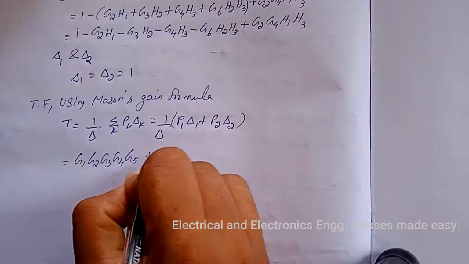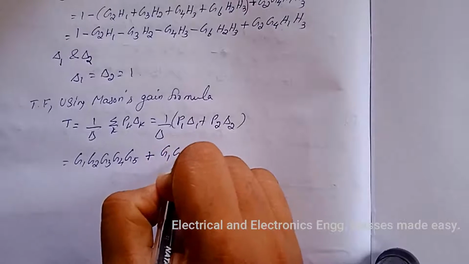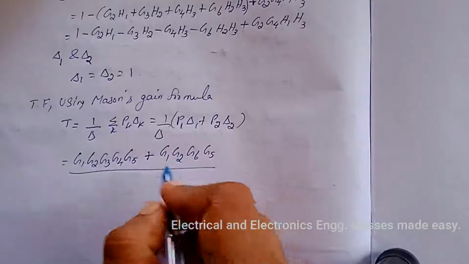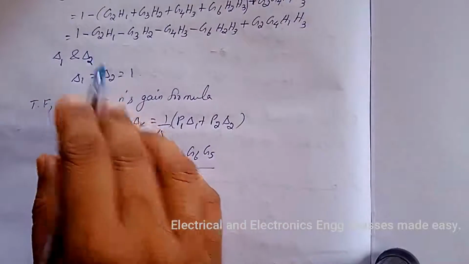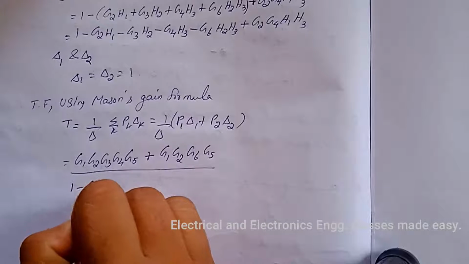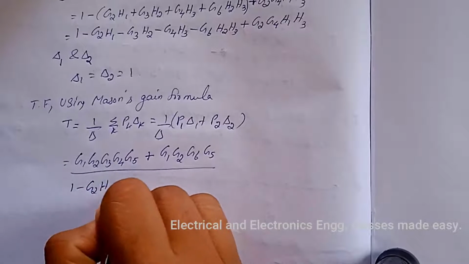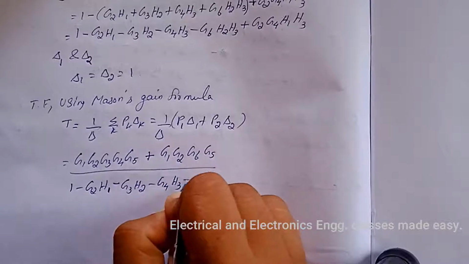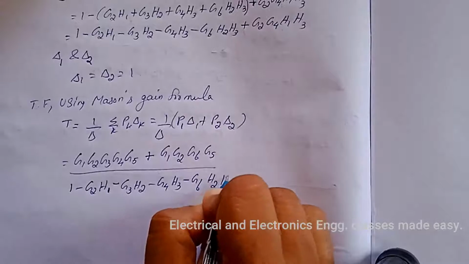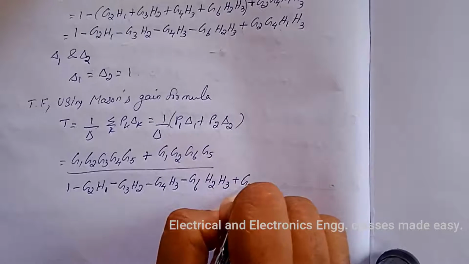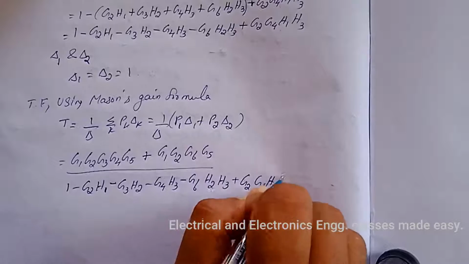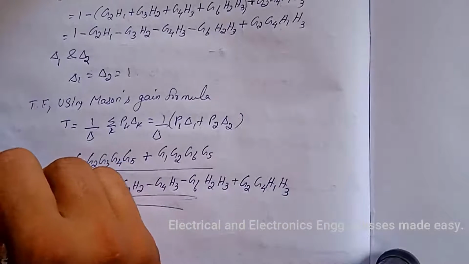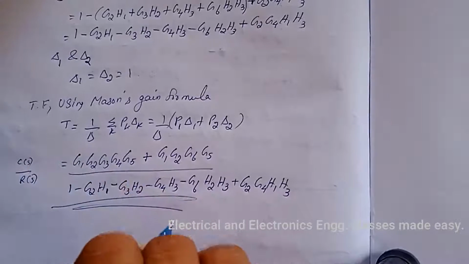Delta 1 is 1, then plus p2 is g1 g2 g6 g5, then divided by delta. Delta is 1 minus g2 h1 minus g3 h2 minus g4 h3 minus g6 h2 h3 plus g2 g4 h1 h3. So this is the transfer function C of S divided by R of S.